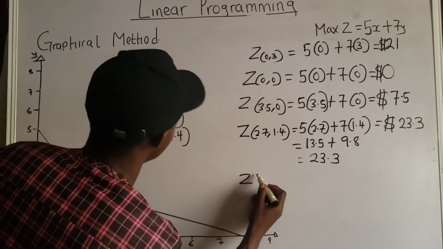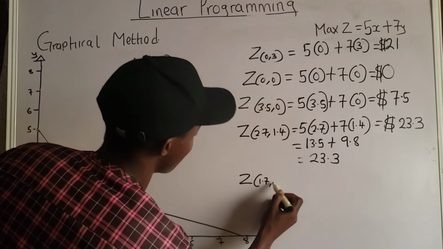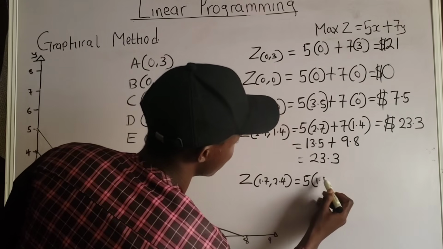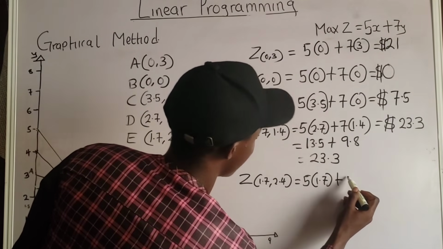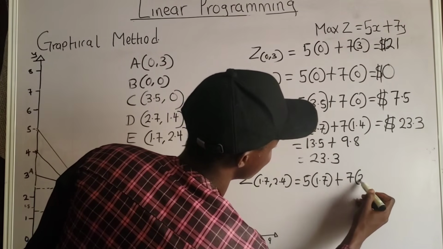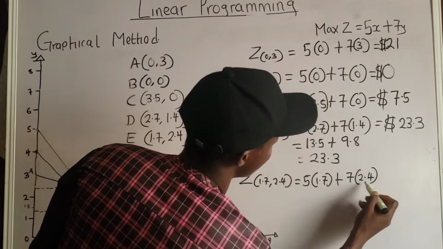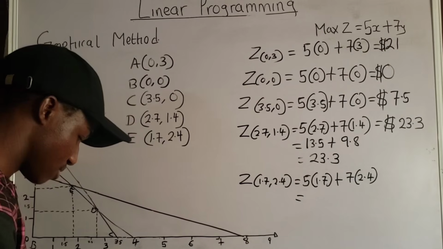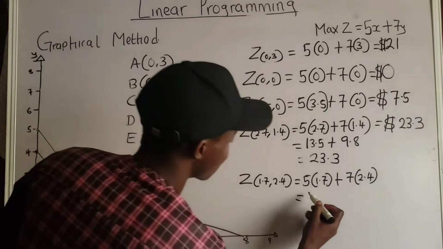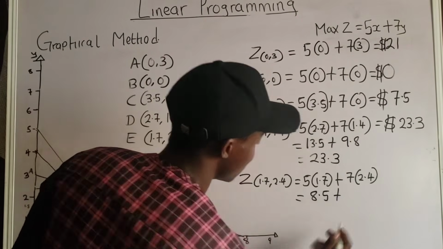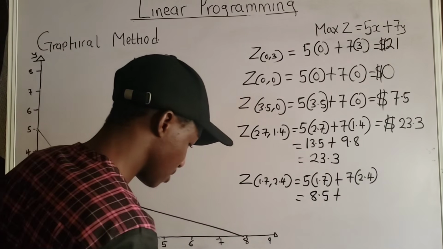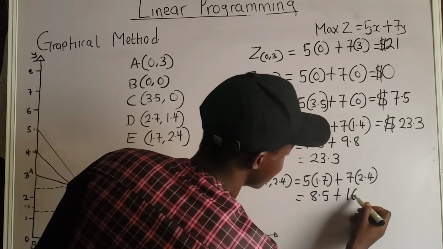So let's proceed to the fifth coordinate. That is z at 1.7, 2.4. So I'm going to have 5 multiplied by 1.7 plus 7 multiplied by 2.4. Okay, 5 multiplied by 1.7, that is 8.5. 8.5 plus 7 multiplied by 2.4, that is 16.8.